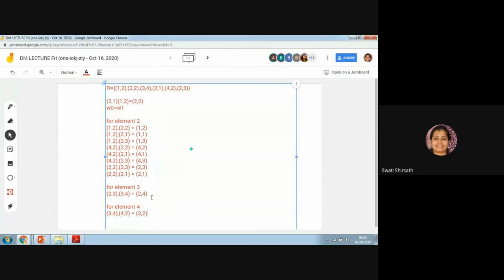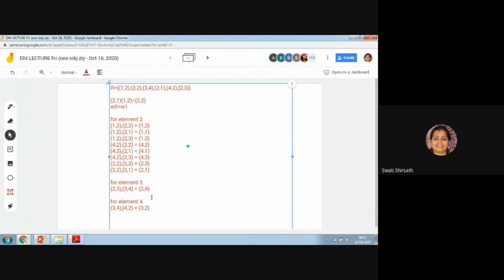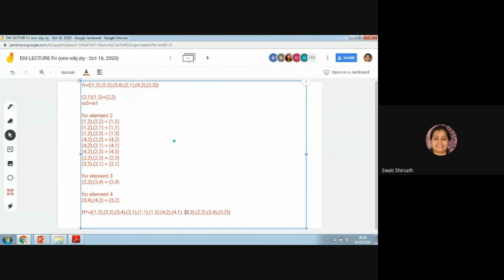So that's it. This is our last matrix and this matrix you write in the set form. So you have to write R star. R star is equal to, and write down all of them. So this is how we find the transitive closure for a given relation using Warshall's algorithm.